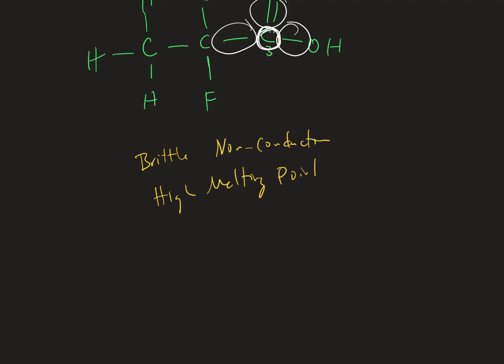There are a lot of things with very high melting points: metallic solids, covalent network solids, and ionic solids. All have high melting points. What about non-conductivity? That takes out the metal, so it's either an ionic or covalent solid. Then you have brittle. Are diamonds brittle?